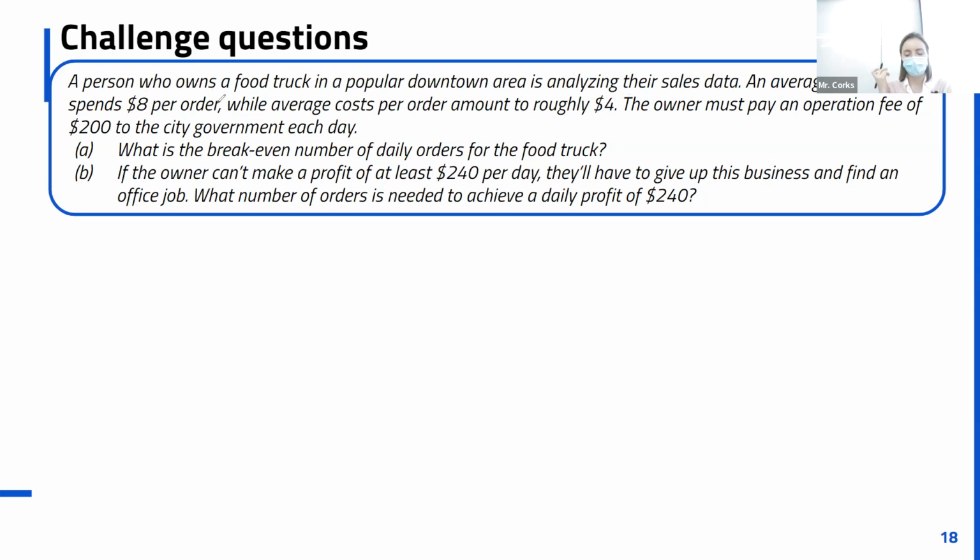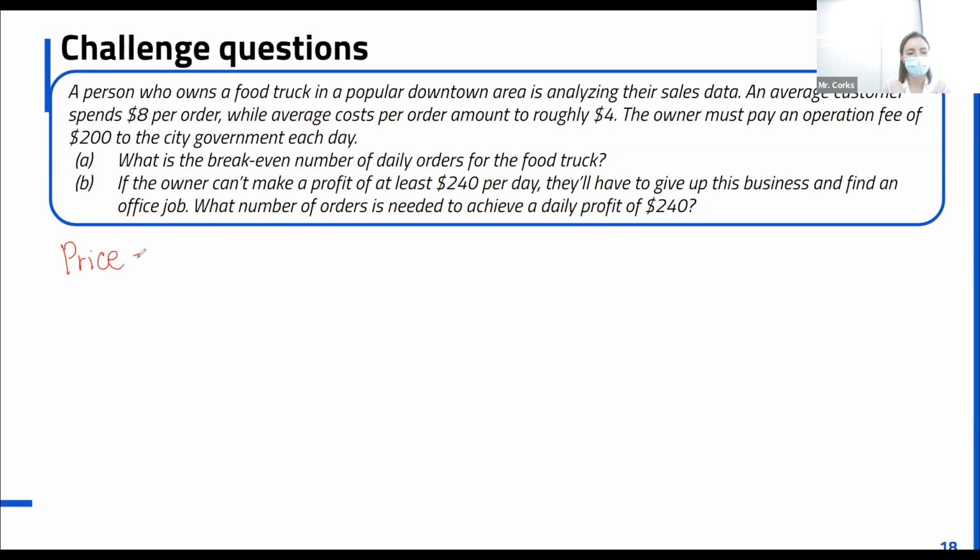So if the customer pays this $8, the owner of the food truck gets this $8. So it is his revenue, the price he gets for his production. So price equals $8 per order.